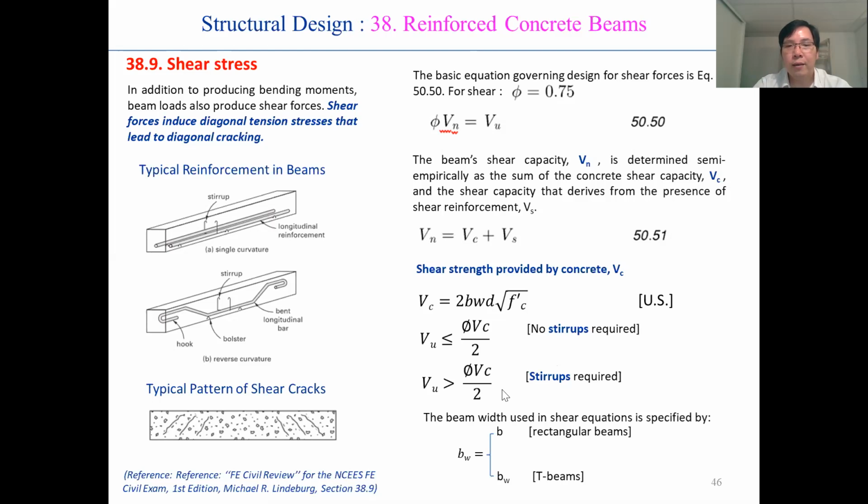And you can see that the beam width used in the shear equation is specified by w equal to b for the rectangular beam or bw for the T-beam cases.